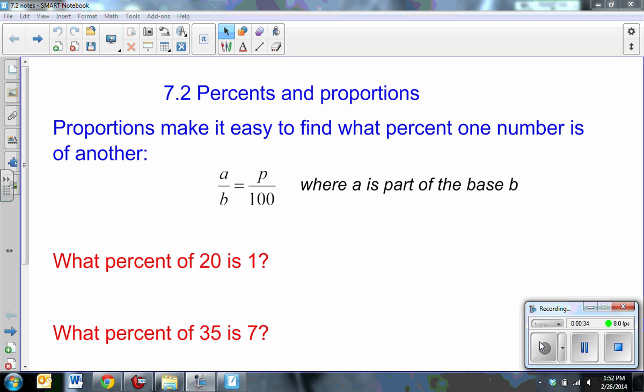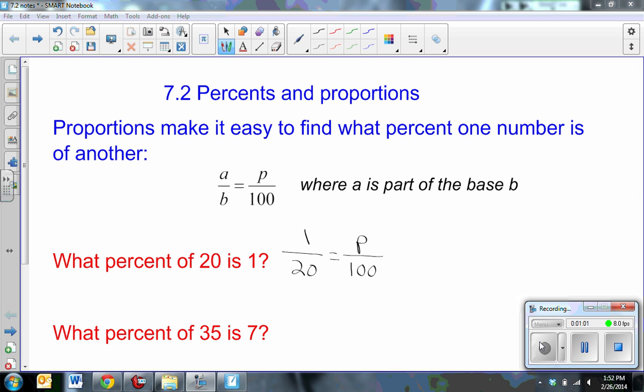So let's look at the first example. It says, what percent of 20 is 1? Well, can you see which number is A and which number is B? So B is the base, and A is 1. So we write 1 is to 20 as P, and you can use X if you want, as P is to 100.